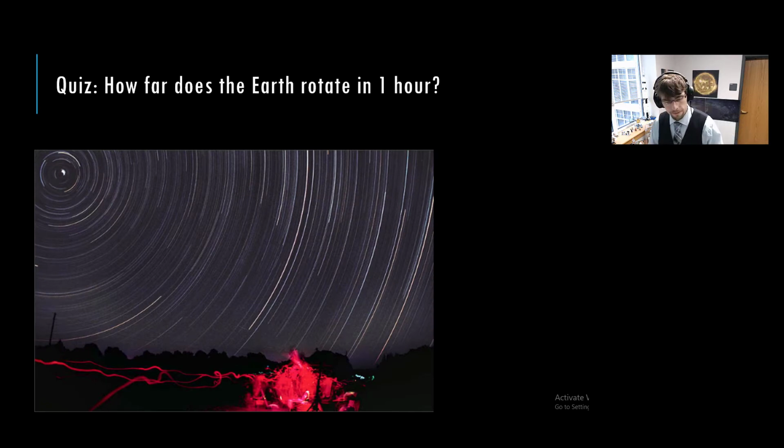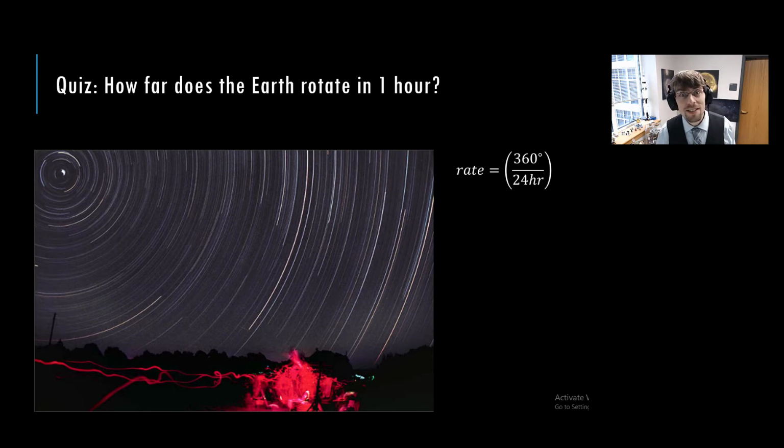So first off, how far does the Earth rotate in 1 hour? Go ahead, take a minute, see if you can come up with an answer. You got it? You know that a full rotation is 360 degrees, and that is what we call 1 day here on Earth, a 24-hour period.